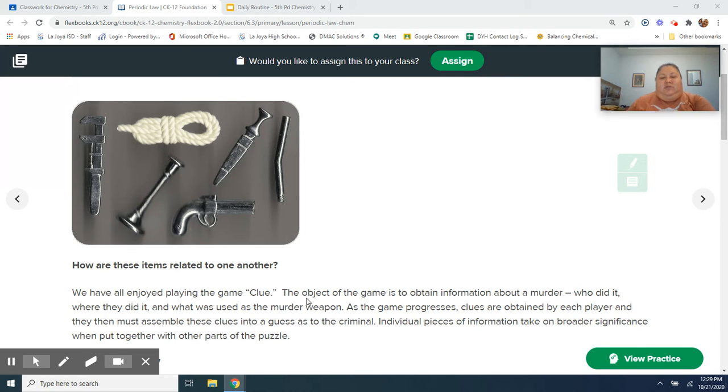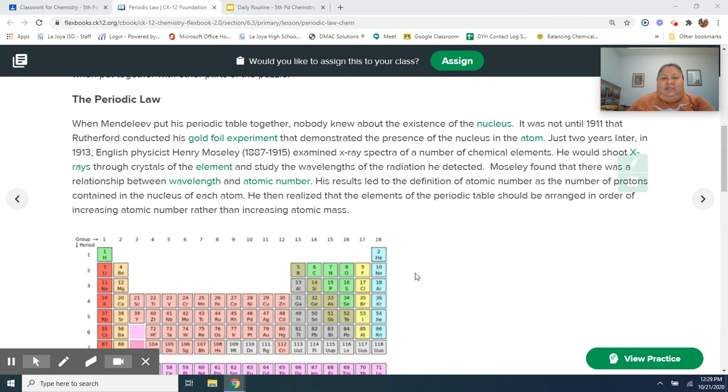So that's why we're talking about it as the introduction, because it relates to information that Mendeleev didn't have. These clues were discovered later in time, and so another person was able to use Mendeleev's periodic table and these new clues to create the periodic table we have today.